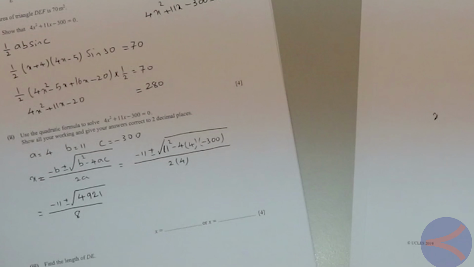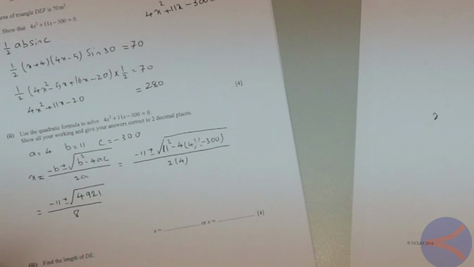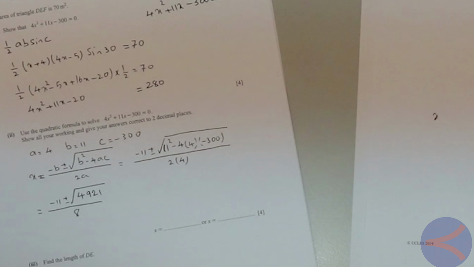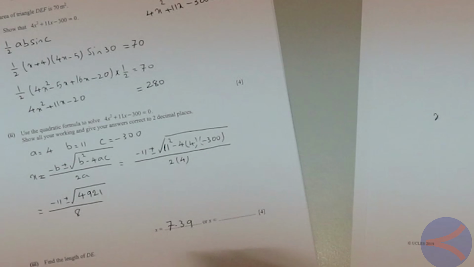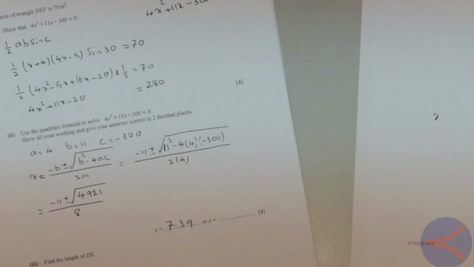Therefore, we have minus 11 plus the square root of 4921. Whatever you're getting as the answer, divide by 8. One answer is 7.39. It is correct to 2 decimal places.